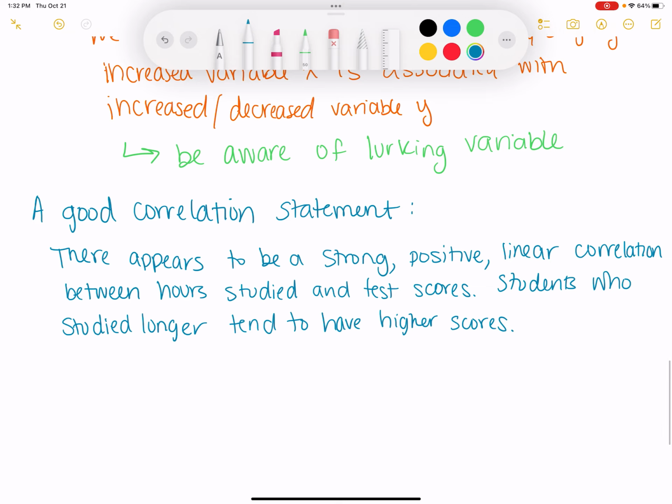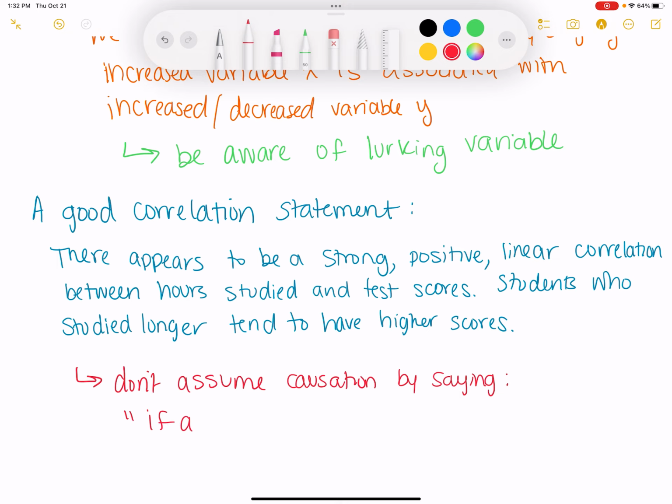We cannot say something like, don't assume causation by saying if a student studies for more hours, their score will increase.